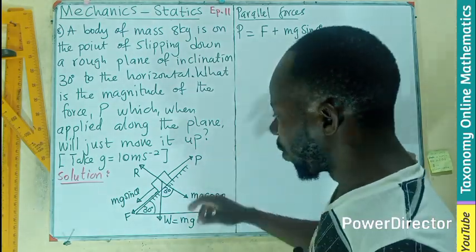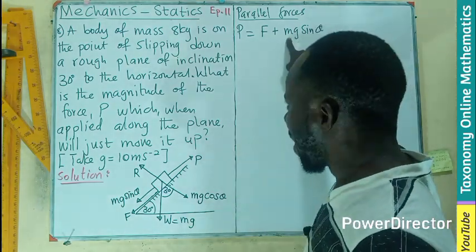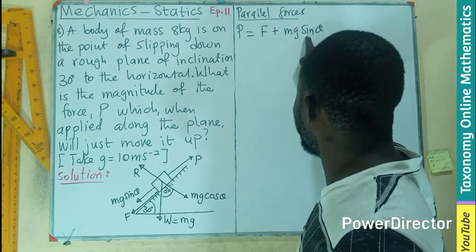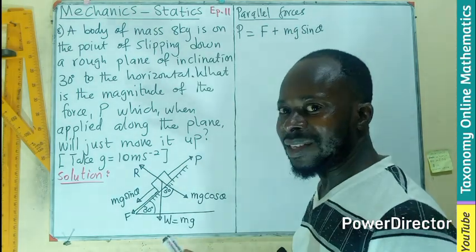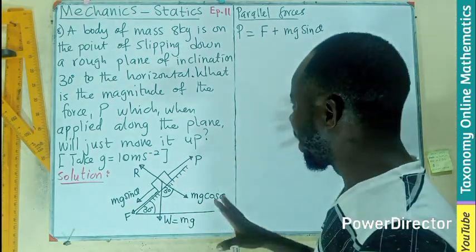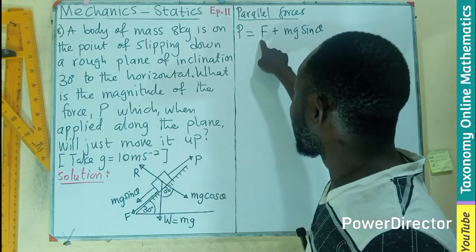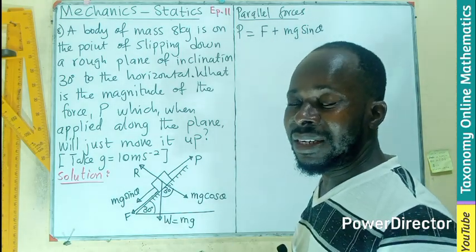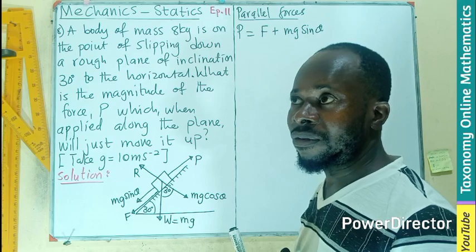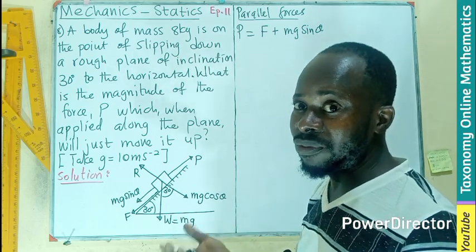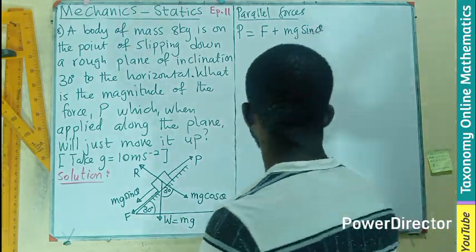So I am looking for that force, and I know the mass of the body, the gravity is known, and the angle of inclination is 30. The only information I'm not given is the friction. But don't forget the frictional force, which is the limiting force, also has a formula.